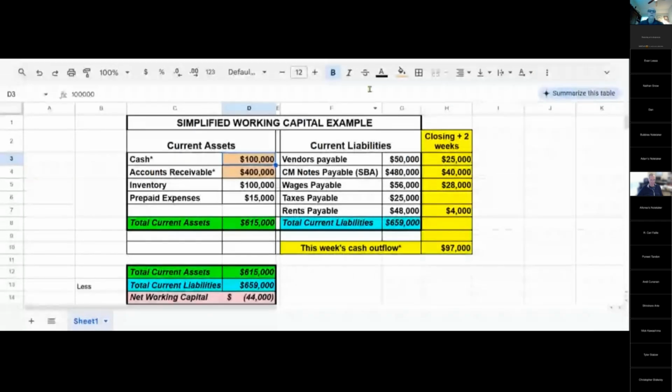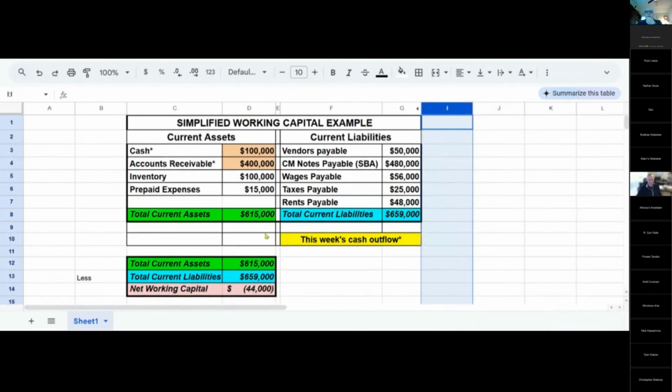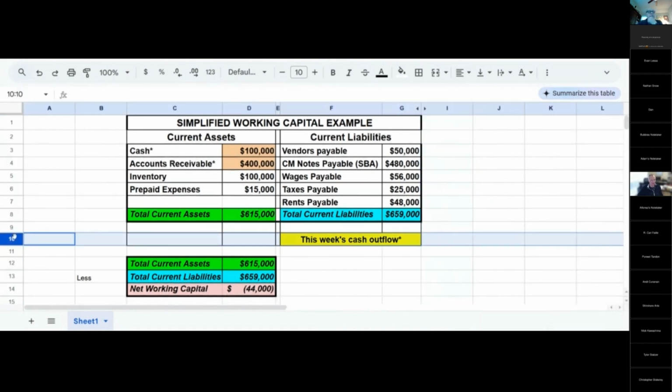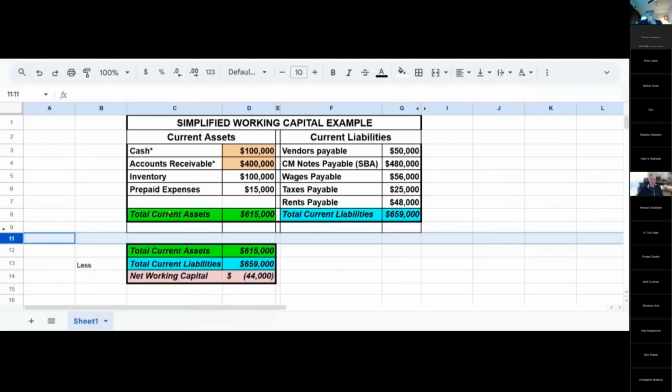All right, so let's take a look at this example, just to keep things simple at first. Here's working capital. Here are your current assets.